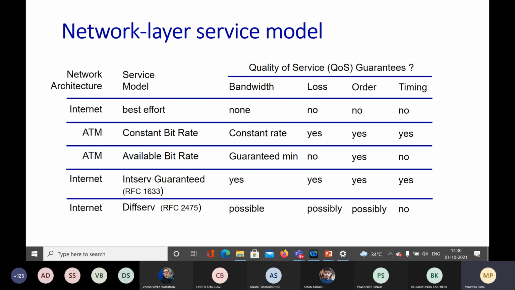It just gives a particular amount of bandwidth guarantee. So in the QoS guarantees you have a bandwidth guarantee, no packet loss, in-order delivery, and a timing bound is also provided. Whereas in DiffServ, bandwidth guarantee may be given, loss may possibly happen, in-order delivery may or may not happen, but there is no timing bound.